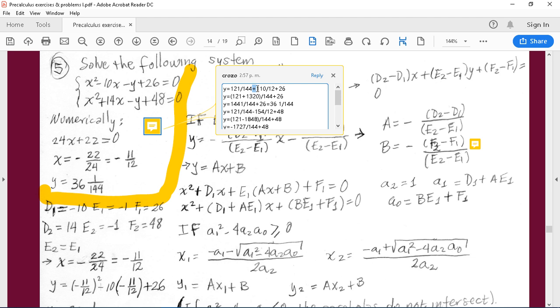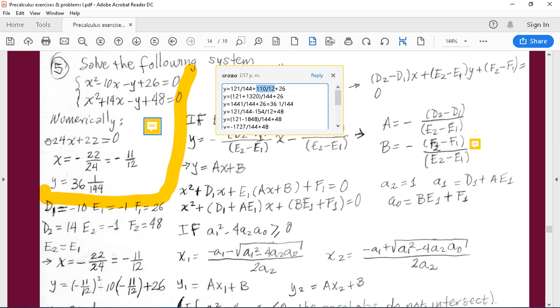Multiplying this by 12, both the numerator and the denominator, we have (121 plus 1320) over 144 plus 26. So y equals 1441 divided by 144 plus 26, which is 36 and 1/144.